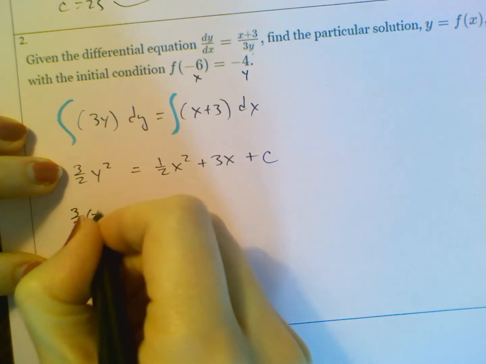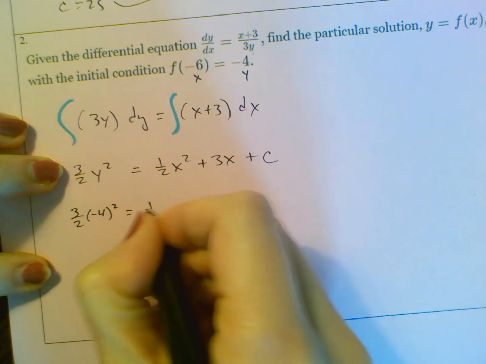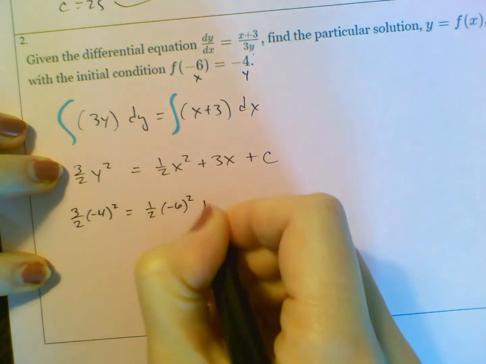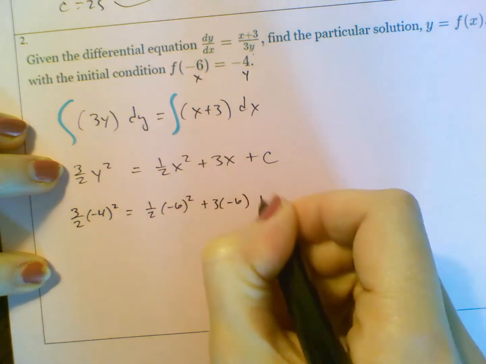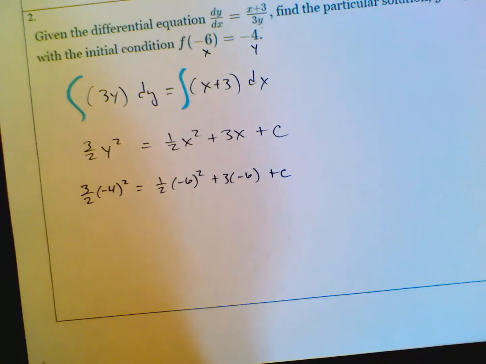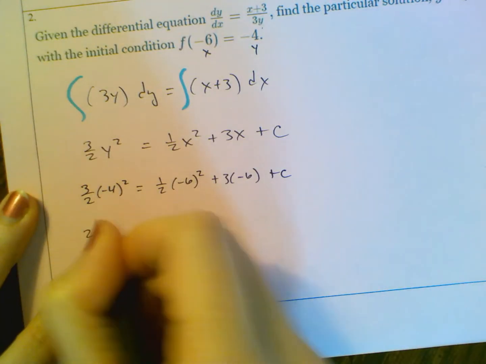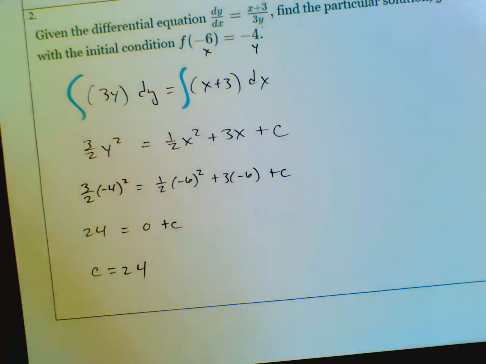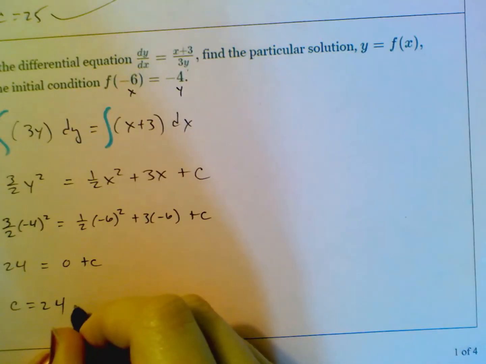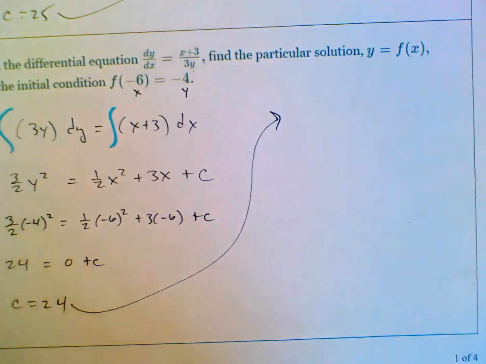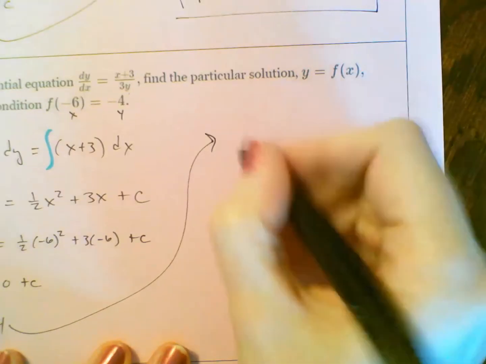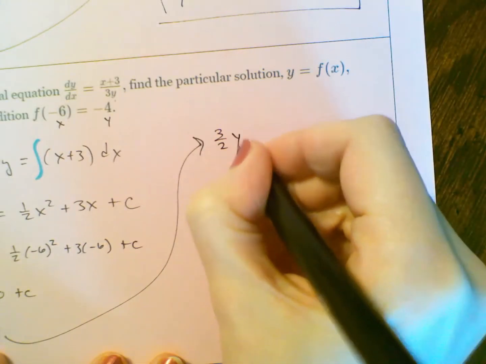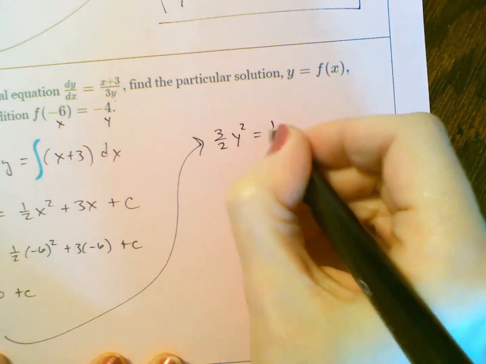So 3/2, okay, and this ends up being 24. So c ends up being 24 there. All right, so we've got 3/2 y squared.